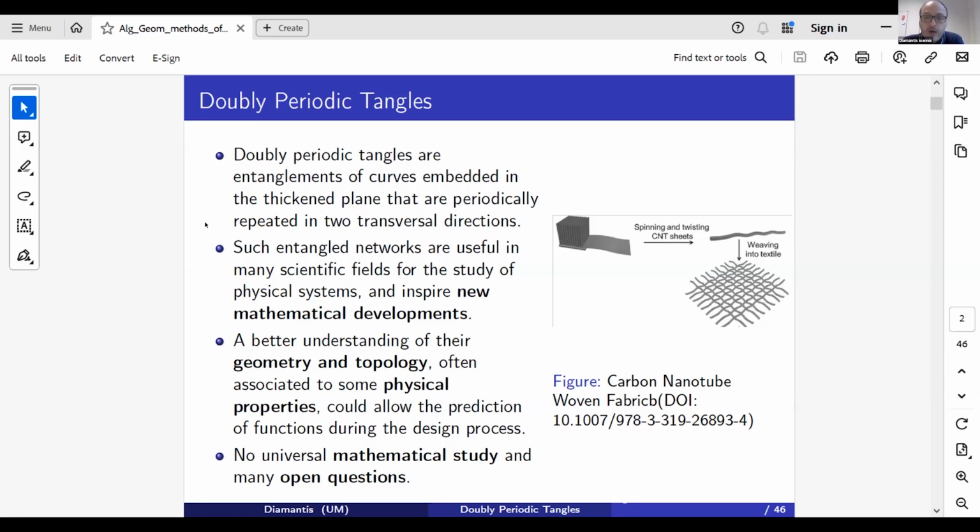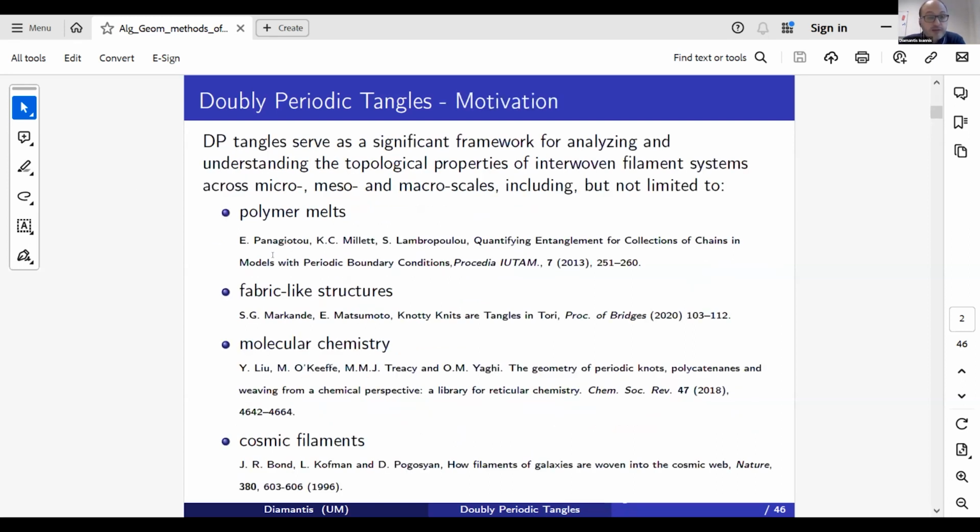All right, and where do we find applications of these DP tangles? In general, we find them in entanglement of filaments, which can refer to various phenomena, depending on the context, such as polymer melts, fabric-like structures, molecular chemistry, cosmic filaments, and more.